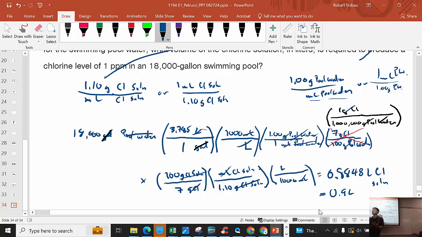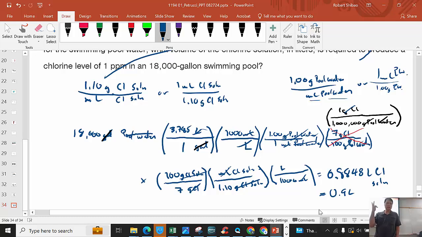The volume is 18,000 gallons plus 0.9 liters, or about 1 liter. And that means that I shot for exactly 1 ppm, but in actuality, it's going to be a little bit less than 1 ppm because I have a little bit more volume. And so my calculation is wrong.